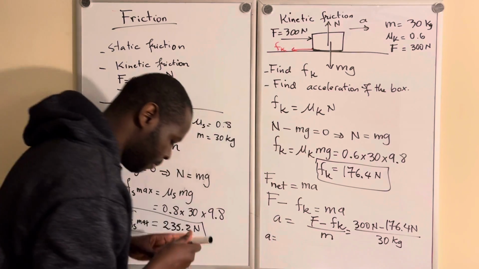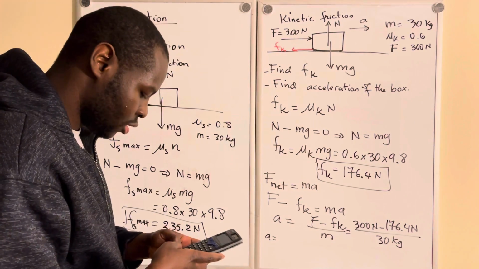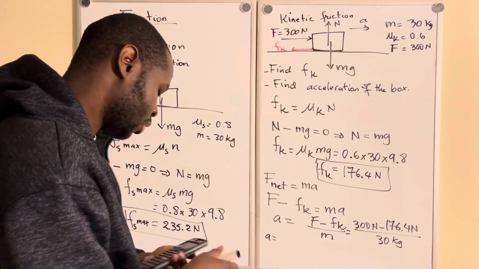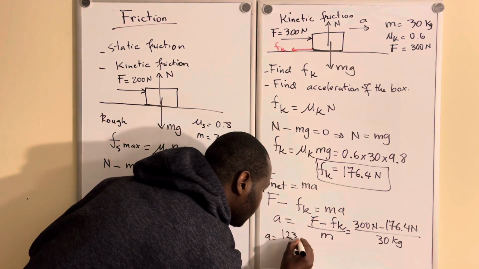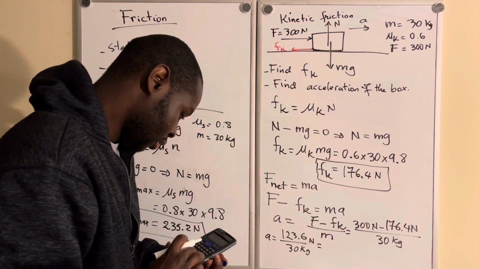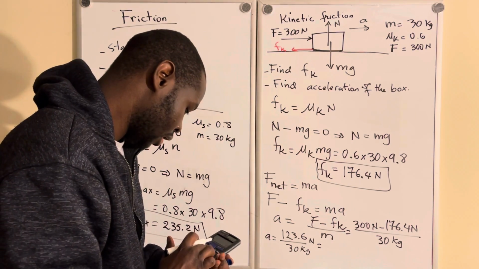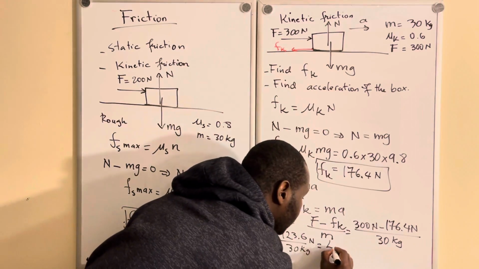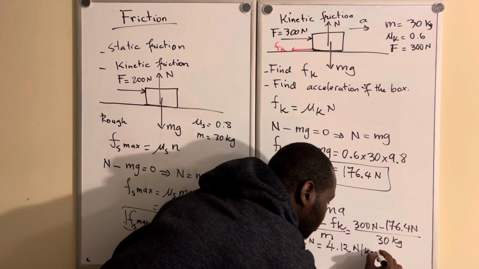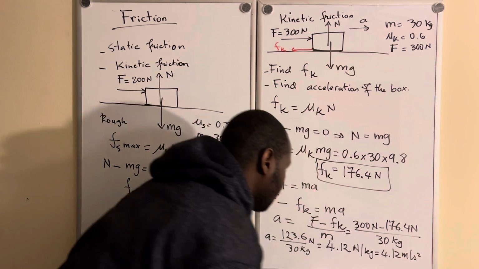So let's go ahead and evaluate this. 300 minus 176.4 is 123.6, divided by 30 kilograms, and this would give us 4.12 newtons per kilogram as acceleration, or we can say the unit can also be 4.12 meters per second squared, same thing, right?